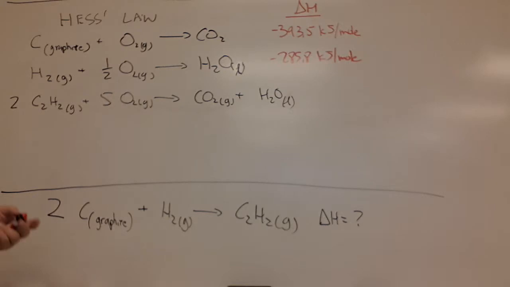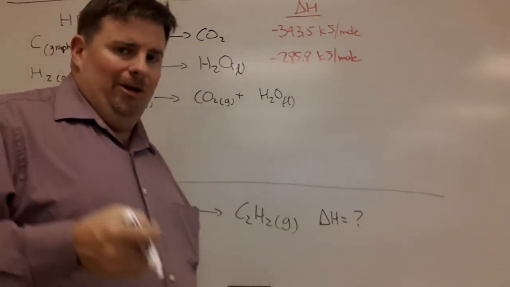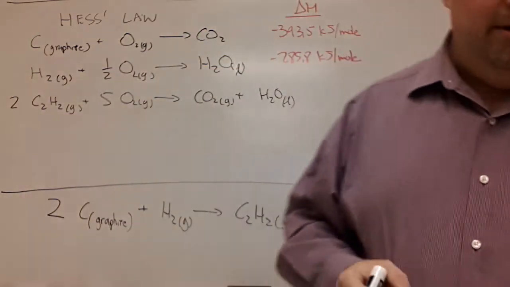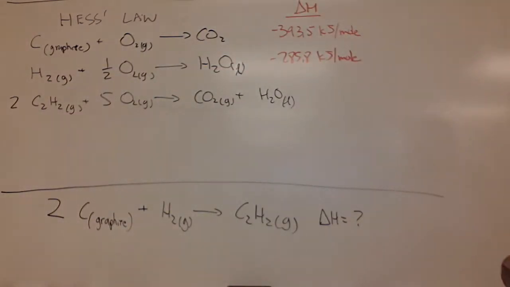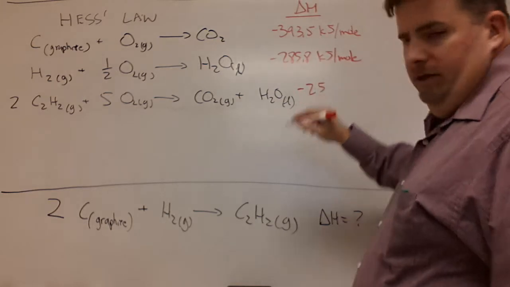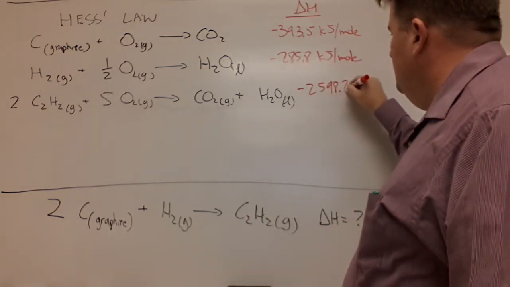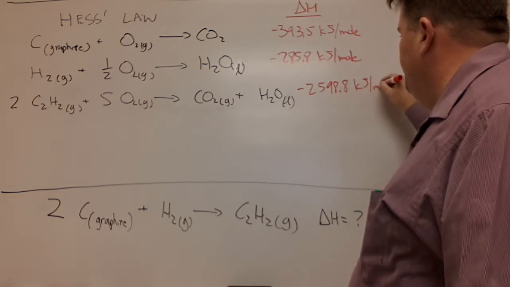The answer is yes, they're incredibly important because everything has to match. Otherwise, your thermodynamic information is wrong. Okay? All right, the amount of energy that comes out of this one is a staggering minus 2,598.8 kilojoules per mole.